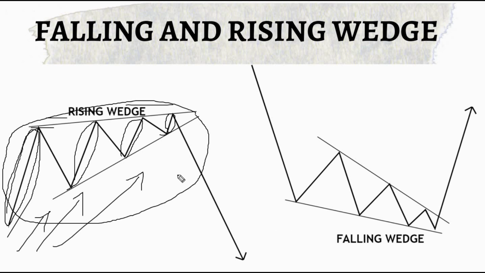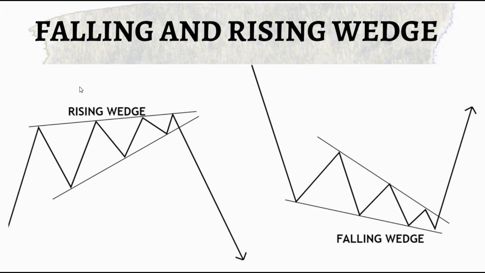So what does a falling wedge signify? Falling wedge is just the opposite of the rising wedge pattern. It is found after a very strong and established downtrend. Then the selling pressure gradually becomes weaker. Sellers are still strong, that's why prices are making a lower high and lower low pattern.